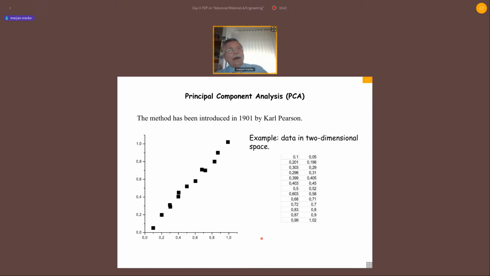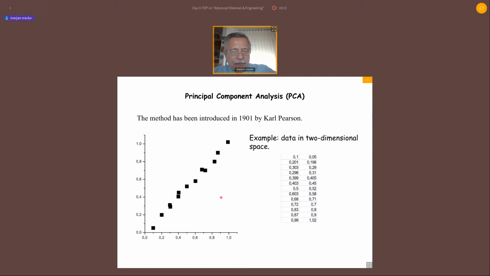I will go again to a very simple two-dimensional example. For example, our data points are organized like this along the straight line. So our data are described with two coordinates. So our space is two-dimensional, but we can see that the data are very close to being on a line.